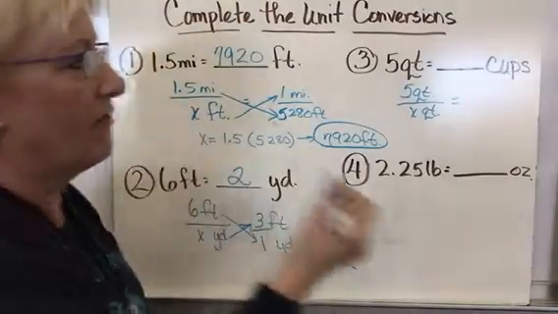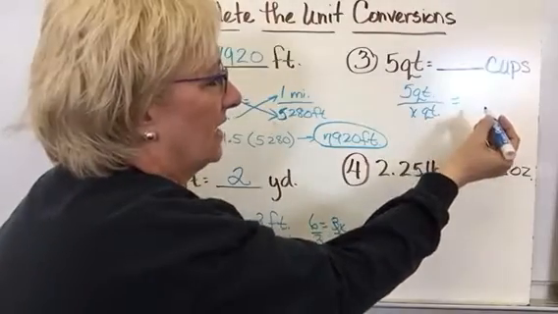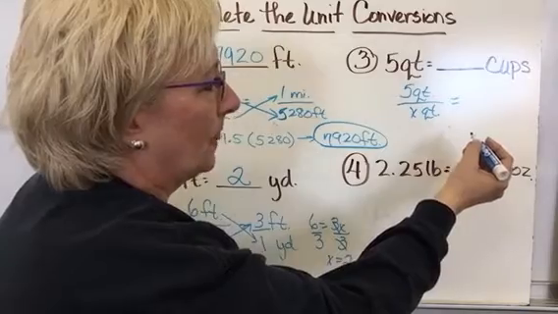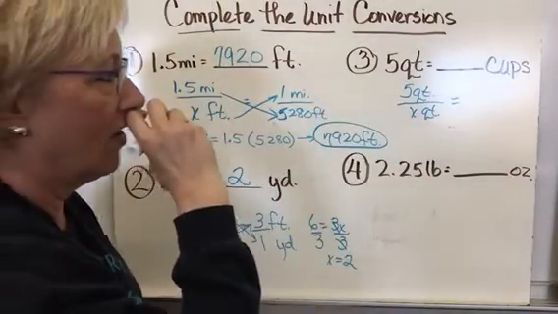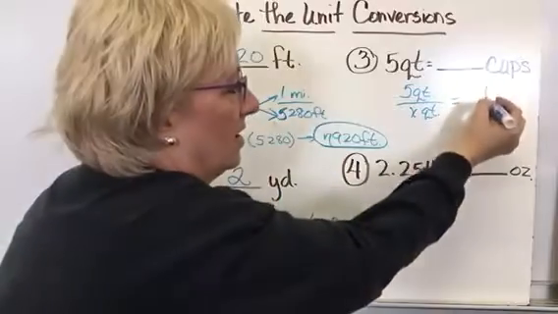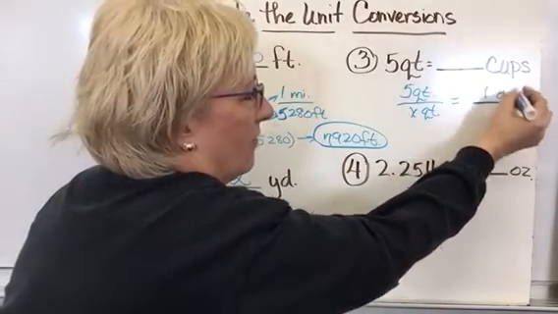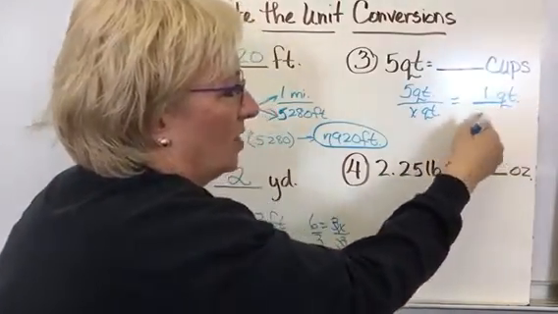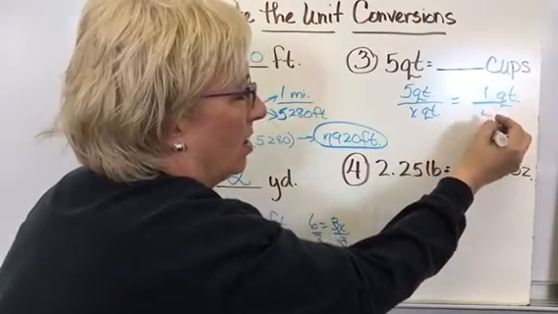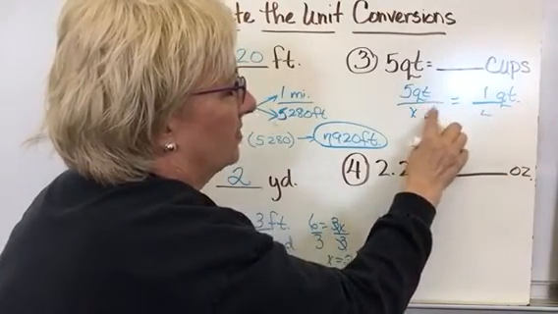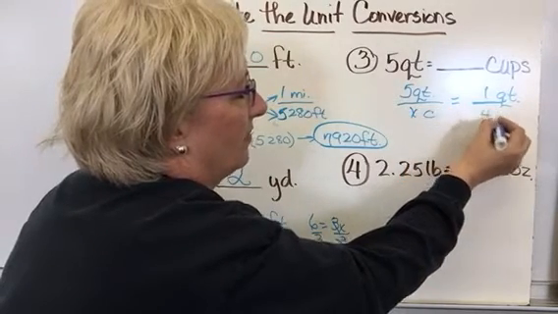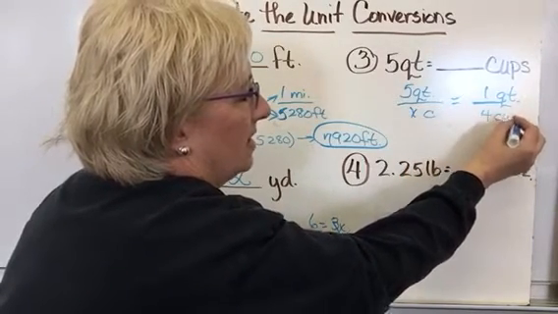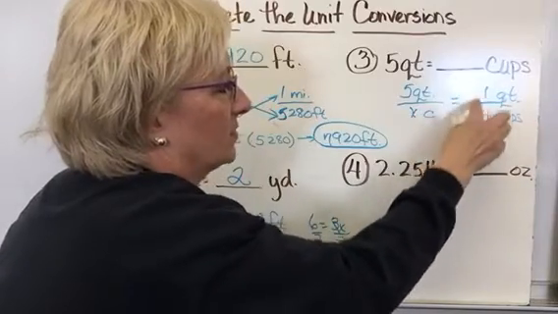I know that in 1 quart, there are 4 cups. Sorry about that, that's what was throwing me off, 4 cups, okay? So I've got quarts to cups equals quarts to cups.